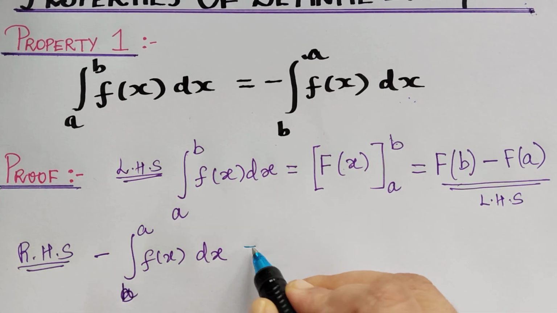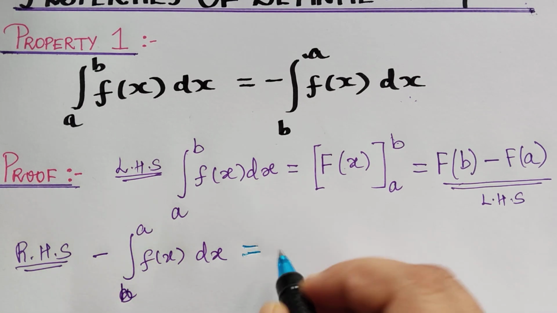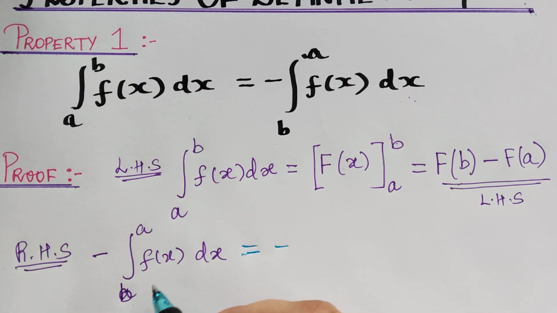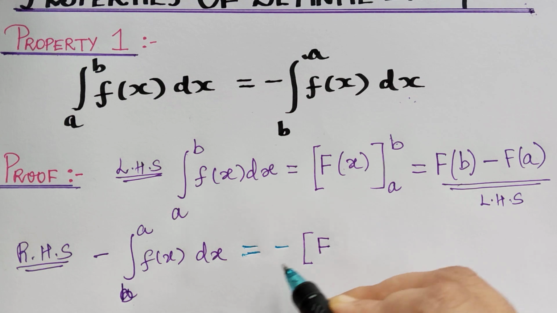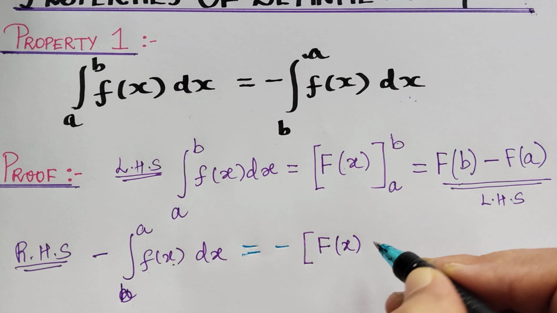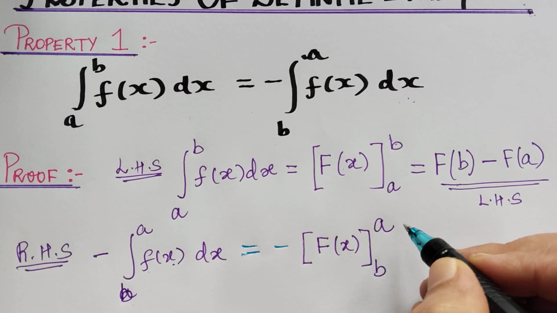So on applying the definition of definite integrals, this will be further equal to, so this minus sign comes as it is, and the integral b to a f of x dx on integration will give us F of x between the limits b to a.